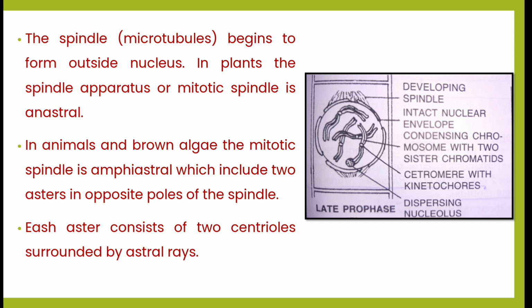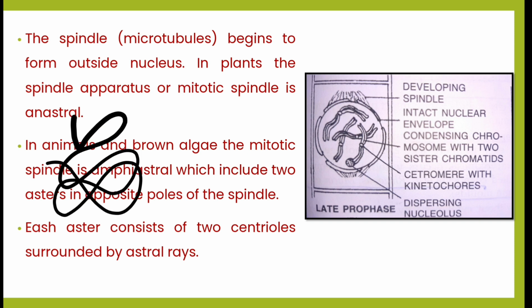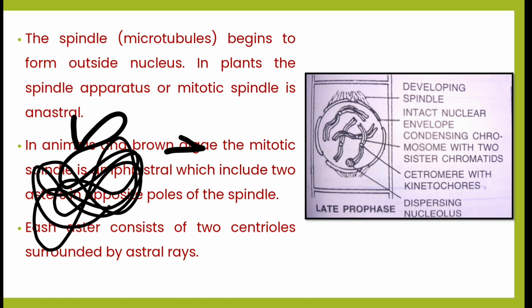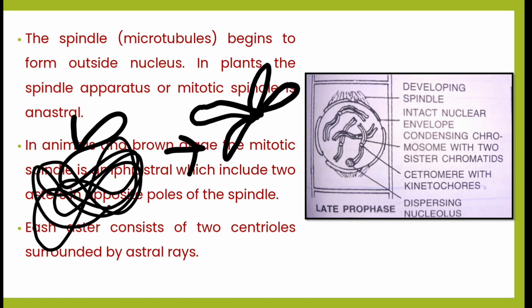Each aster consists of two centrioles surrounded by astral rays. So what occurs in prophase of the cell cycle? In prophase, the chromatin fibers, which appear like this, condense to form chromosomes with two sister chromatids.